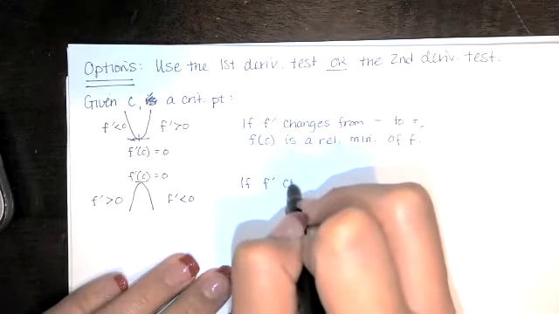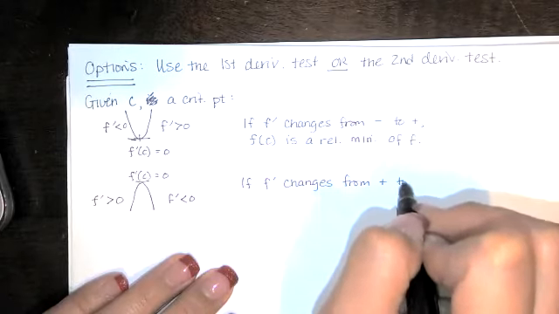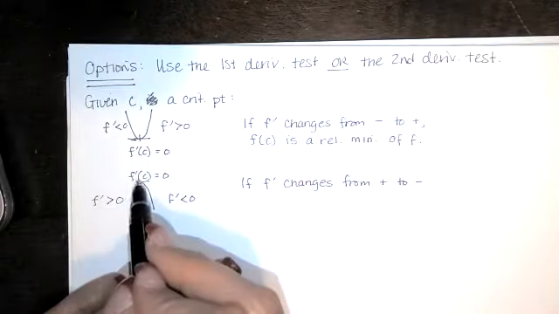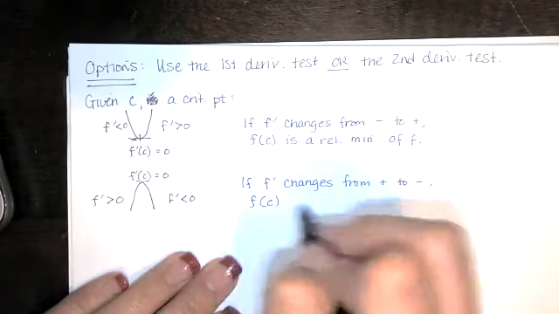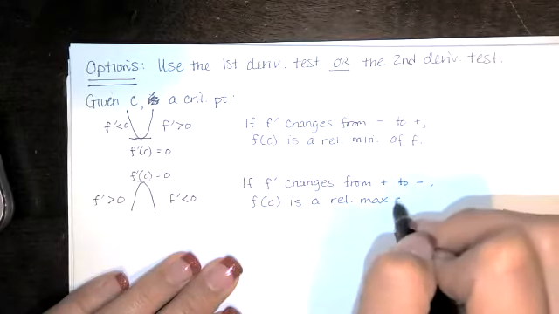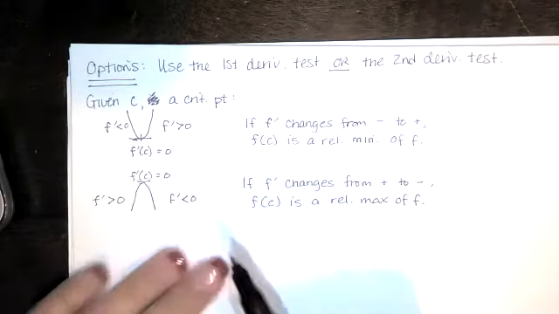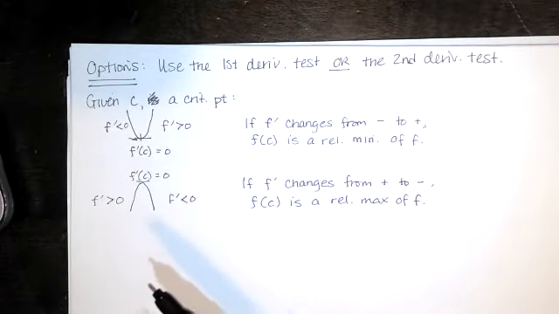If f prime changes from positive to negative, so that it goes from increasing to having a 0 slope to decreasing, then f of c is a relative maximum of f. Now, I drew these pictures where f prime of c was equal to 0, but I could have just as easily drawn them where f prime of c is undefined.